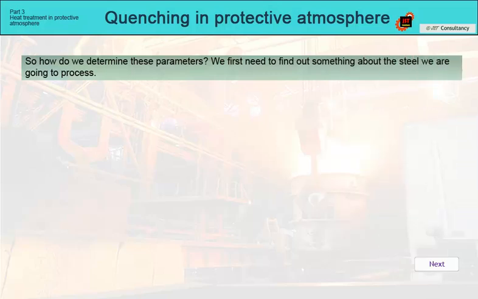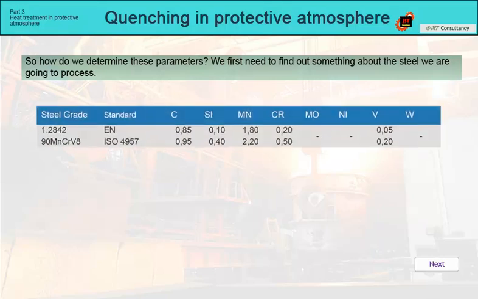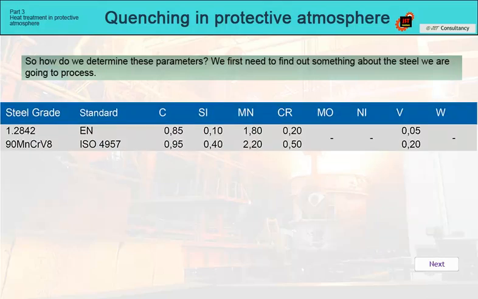So how do we determine the above parameters? We must first find out something about the steel we are to process. For example, we have the task of hardening tool steel 1.2842 to a hardness of 60 to 62 HRC in a multipurpose furnace with a protective atmosphere.